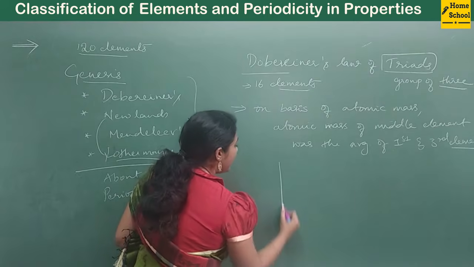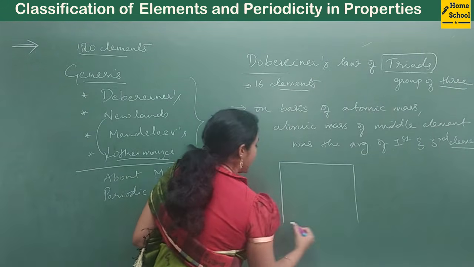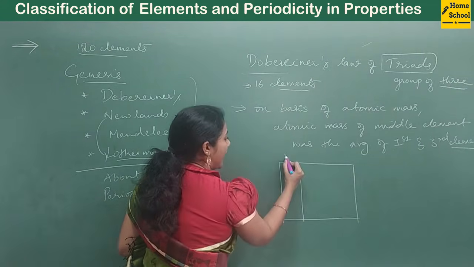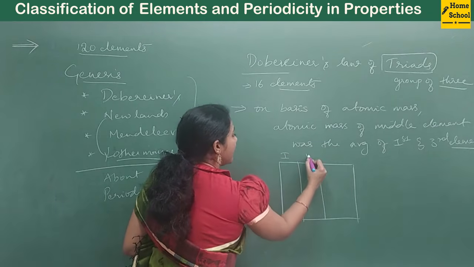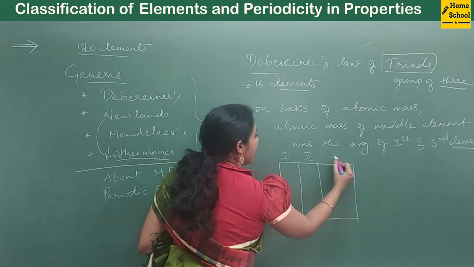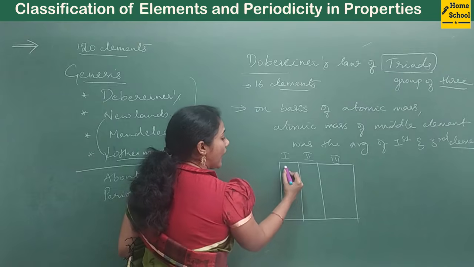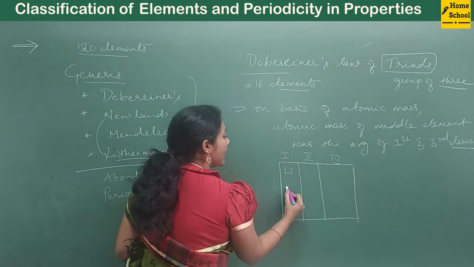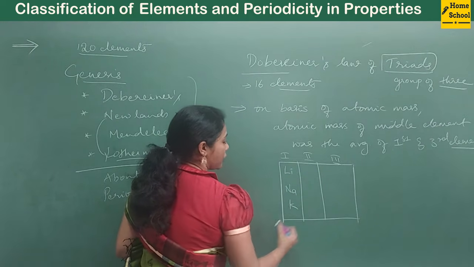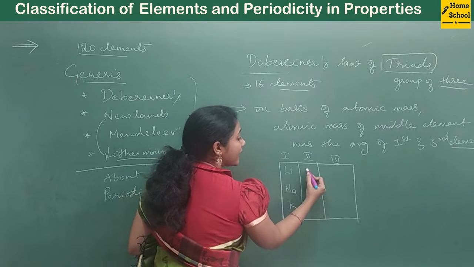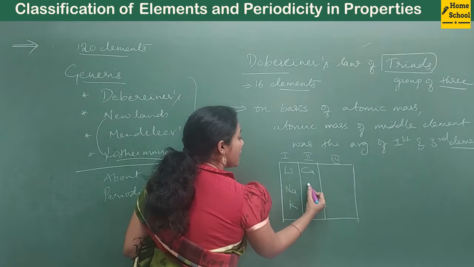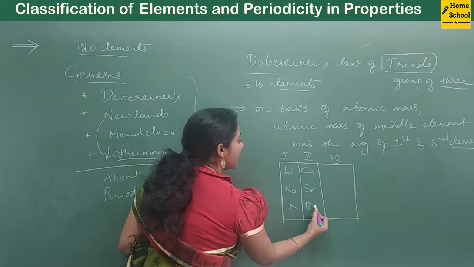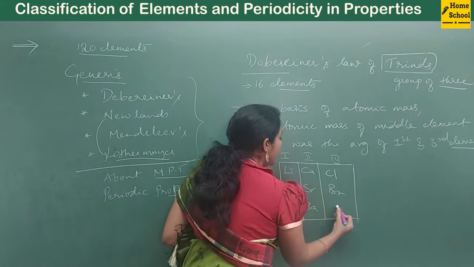You know what? He mainly gave three triads for us. This is triad number 1, this is triad number 2, and this is triad number 3. In the first triad, he arranged lithium, sodium, and potassium. In the second triad, you will find calcium, strontium, barium, and then chlorine, bromine, iodine.